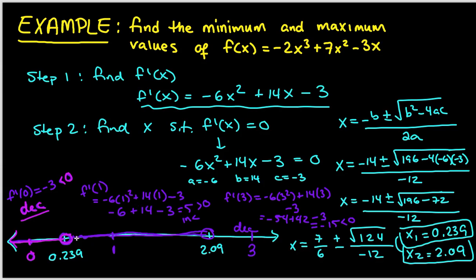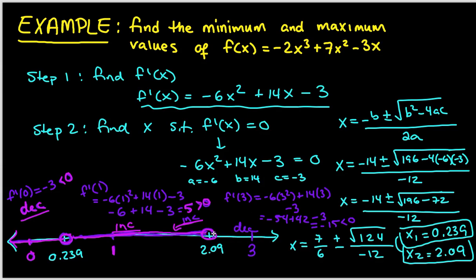Now we want to find out what's going on between 0.239 and 2.09. We take 1, which is between there, and find that f prime of 1 is 5, which is greater than 0. Therefore, we are increasing in this interval.